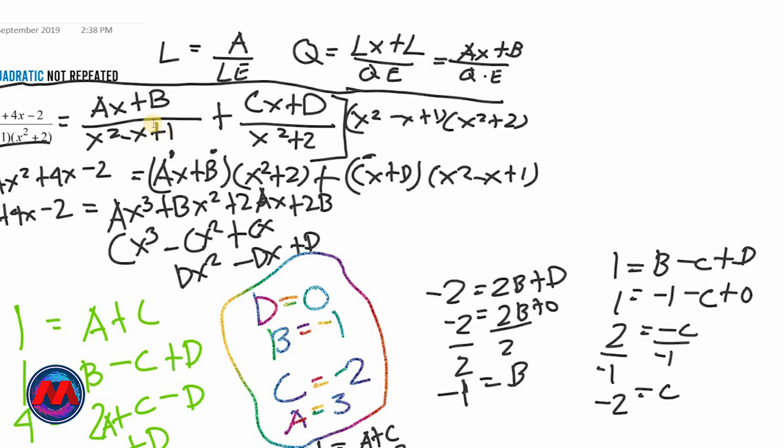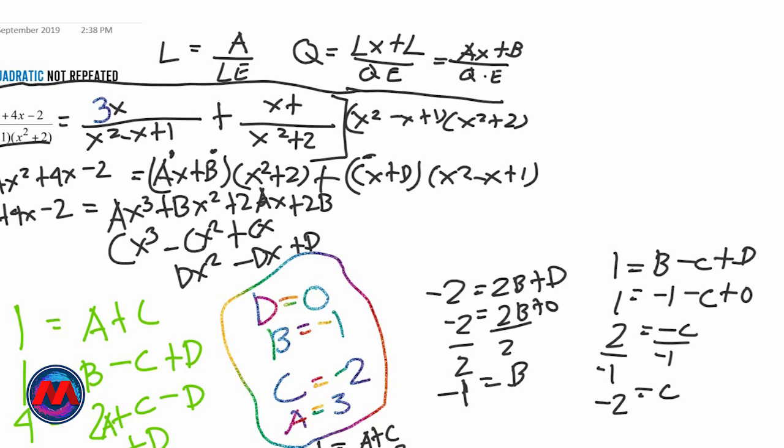Isa-substitute na natin ngayon dito ang mga values na nakuha natin. Okay, para hindi tayo mahirapan, guys, huwag na nating i-rewrite. Dito na lang. A, B, C, D. Alright. So, ano yung value ng A ulit natin? That's 3x plus ano yung value ng B, which is negative 1. Hindi na plus yun.